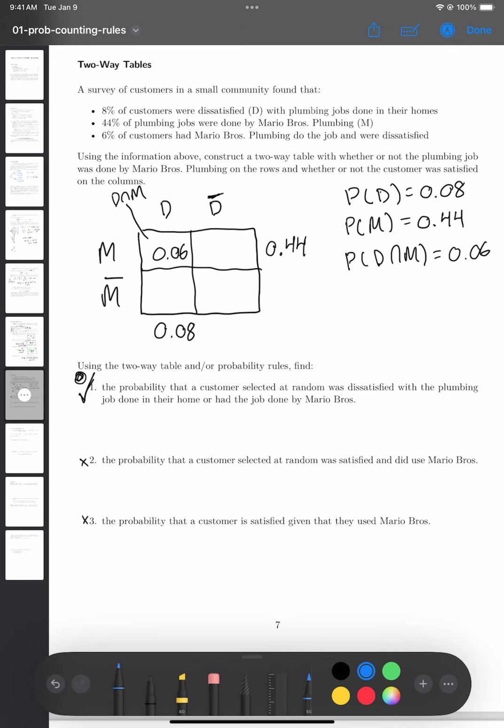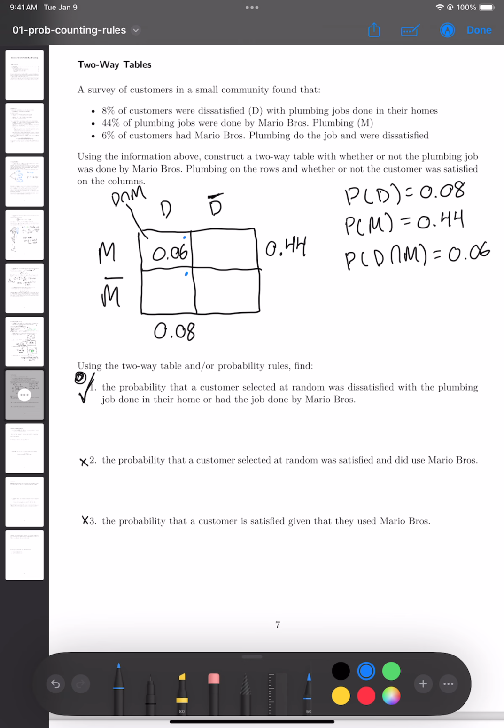I'm going to change colors to show that we're now filling in new information. And really what you're taking advantage of here is the fact that the sum of the columns, so this cell that I just put a little dot next to, and this other cell, have to sum together to be 0.08.